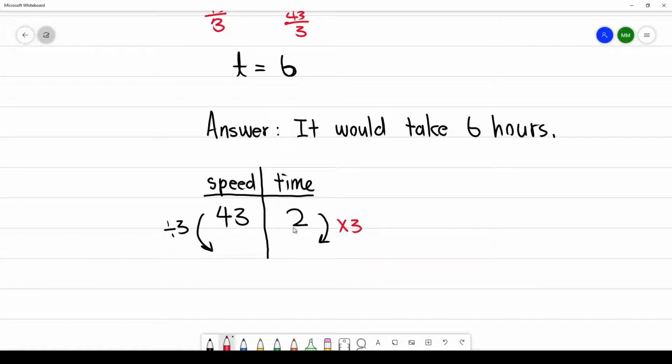So do the opposite of the other side. So we don't even need to figure out this. Because the question is asking for this. And 2 times 3 is just 6. It's just as simple as that. So you see, it's only a one-step thing.